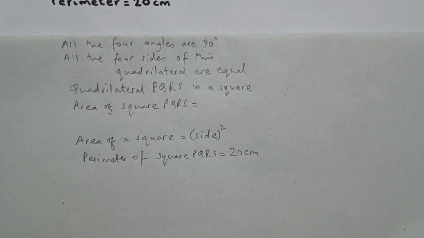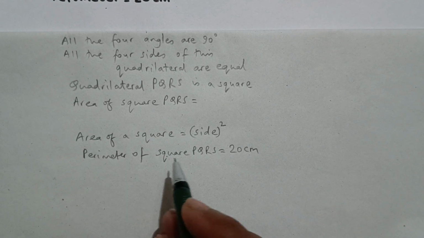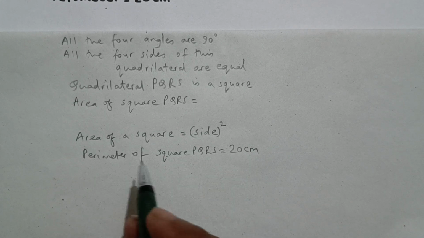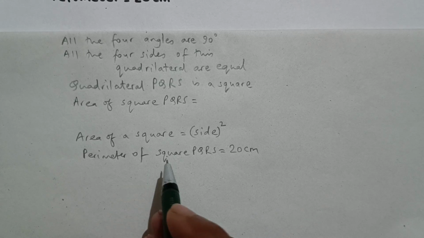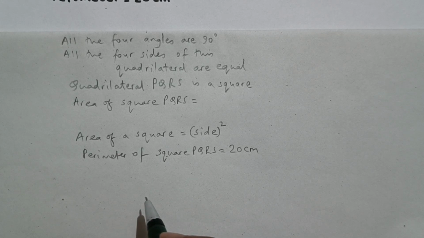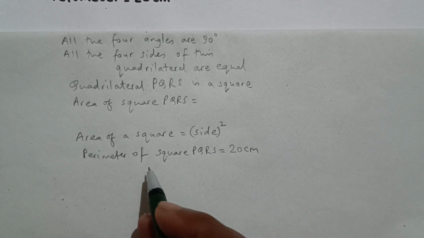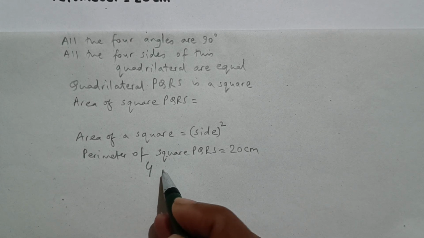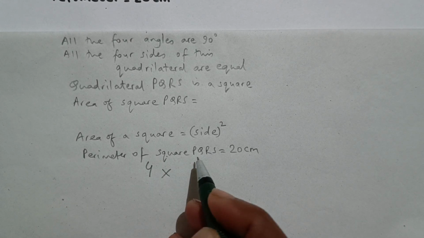So how can we do that? Now perimeter of square PQRS is 20 centimeter. What is the formula for perimeter of a square? Perimeter of a square is 4 times its side. So perimeter of square PQRS will be 4 multiplied by its side.